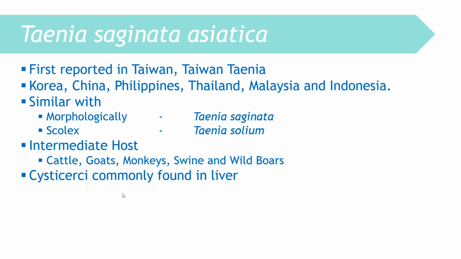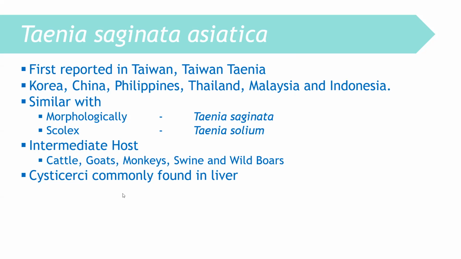Leading to the third parasite, the Taenia asiatica, sometimes referred to as the third Taenia species, usually called the Taiwan Taenia, because it was first described in Taiwan.